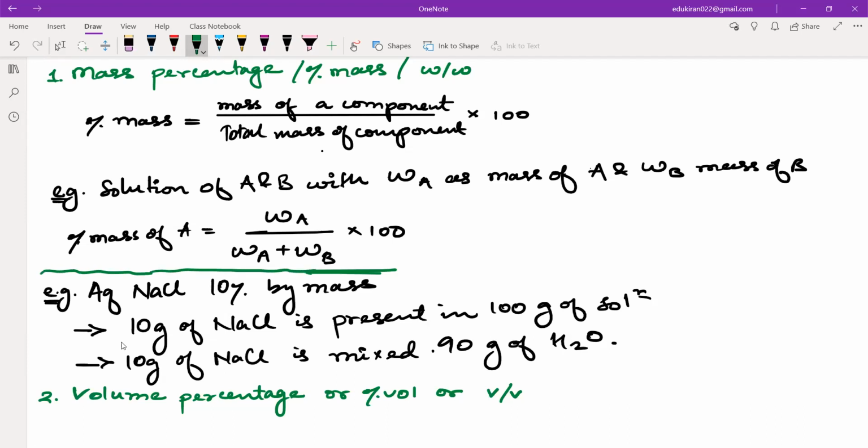Example I will give you, but please write. This will also revise your mass percentage.